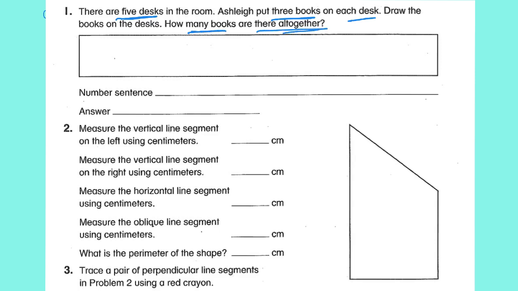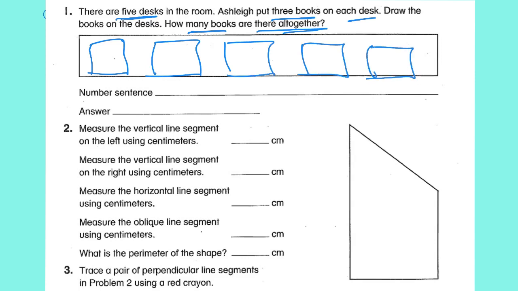So let's go ahead and draw the 5 desks. And then we've got to put 3 books on each desk. So for our number sentence, we start with how many groups we have.